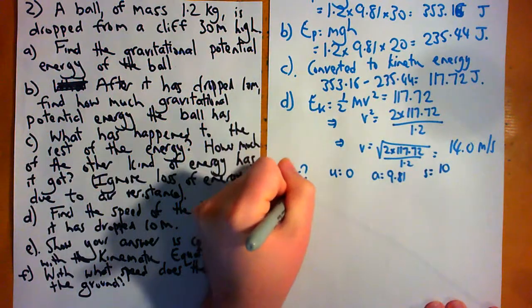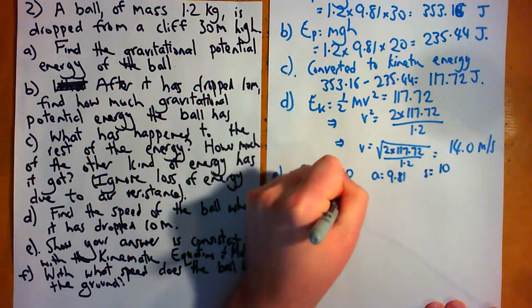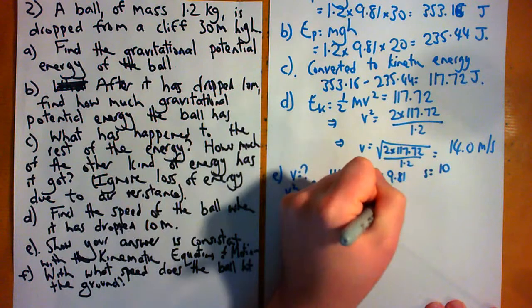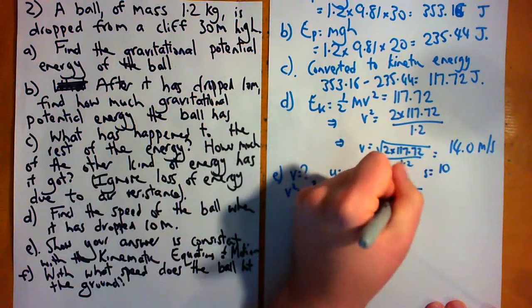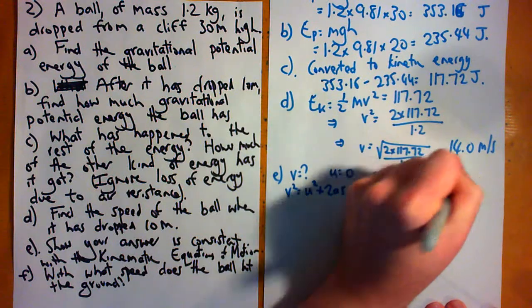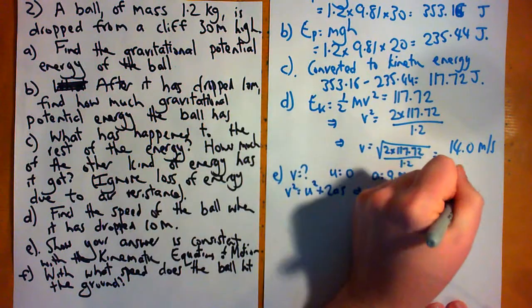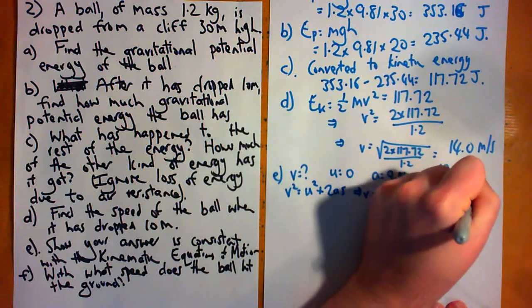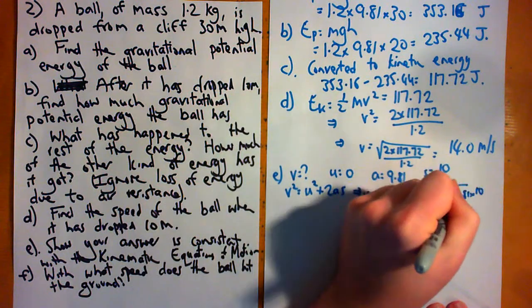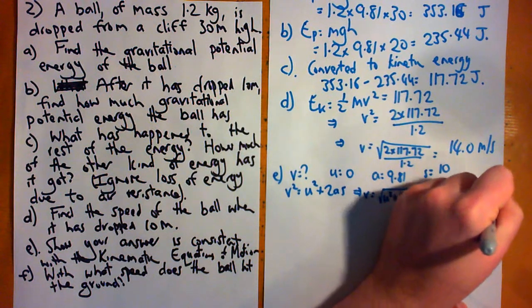So we're using v squared equals u squared plus 2as, so therefore v is going to be the square root of u squared plus 2as, which is the square root of 0 plus 2 times 9.81 multiplied by 10, and if we calculate that we also get 14 metres per second.